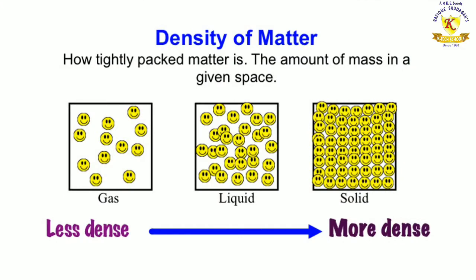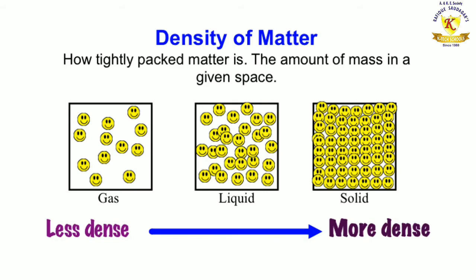Now what exactly is density? In this picture you can see a gas, a liquid and a solid. You can see how tightly packed the matter is. The amount of mass is given in the space. So, in gas, the amount of mass is less, therefore gas is less dense, isn't it?